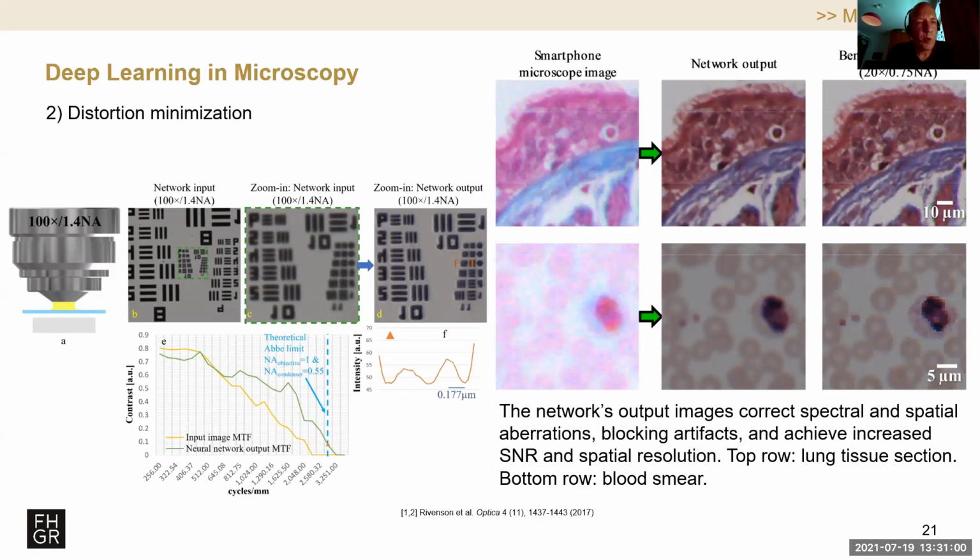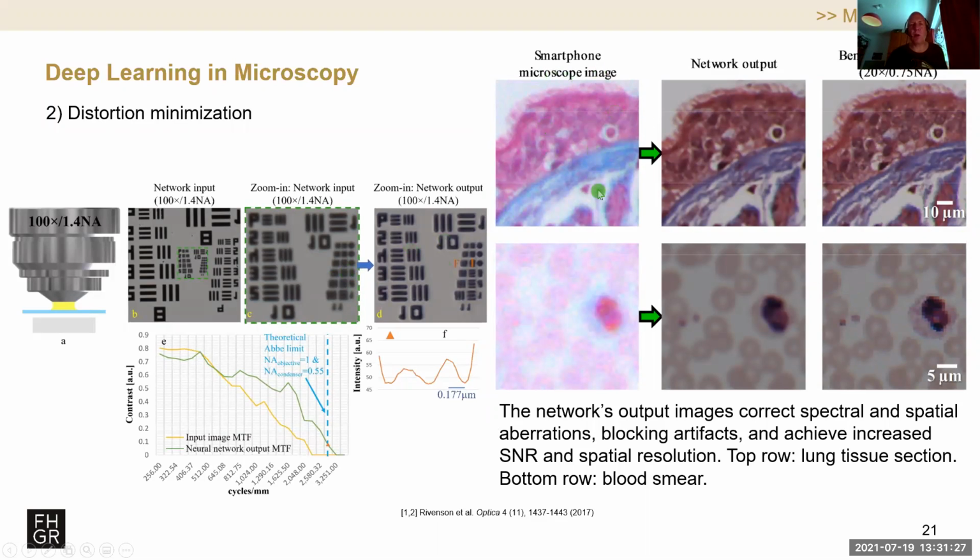In another approach, we could use deep learning for distortion minimization. In principle, if you have an image toolbox which provides you with decent quality images, you could potentially use a deep learning approach to improve these images and obtain better quality images.